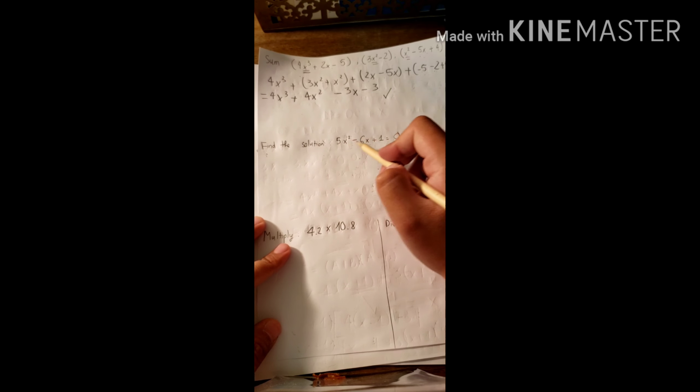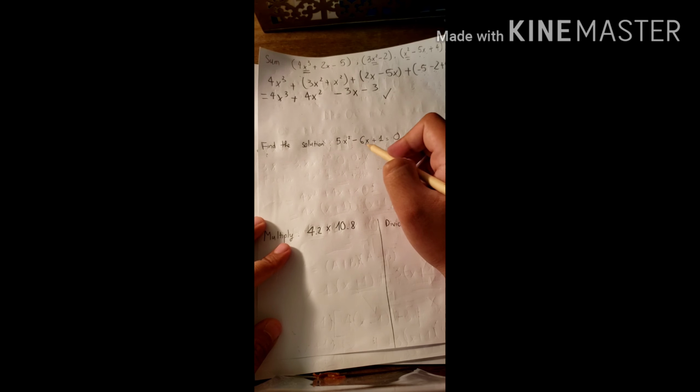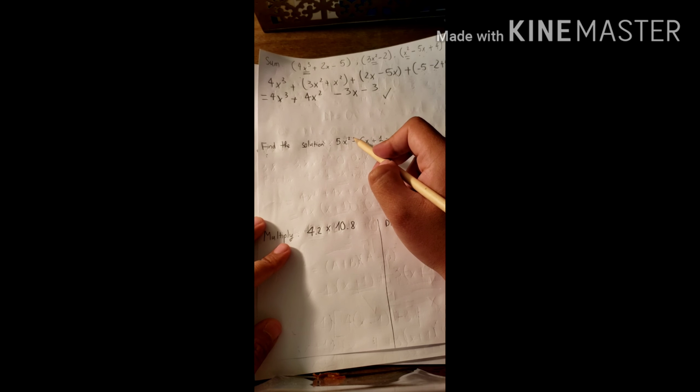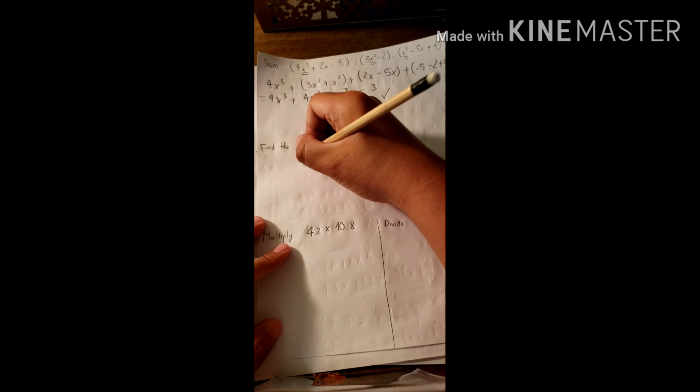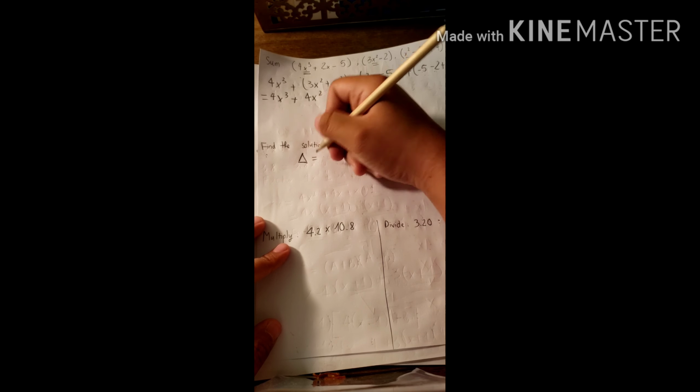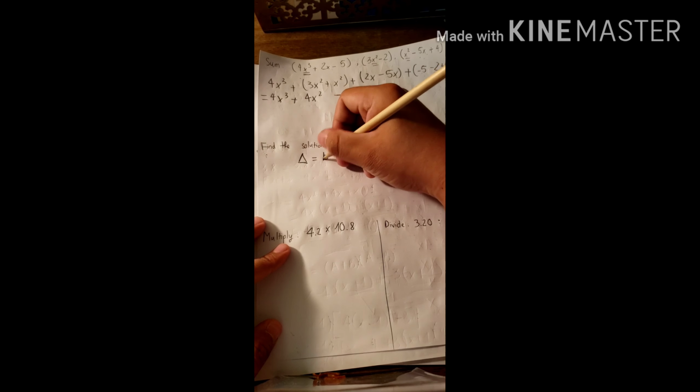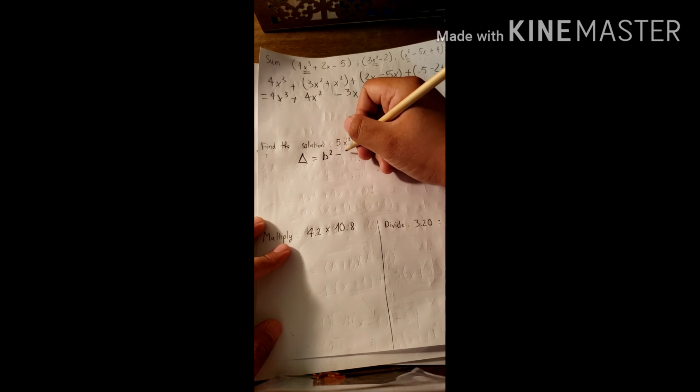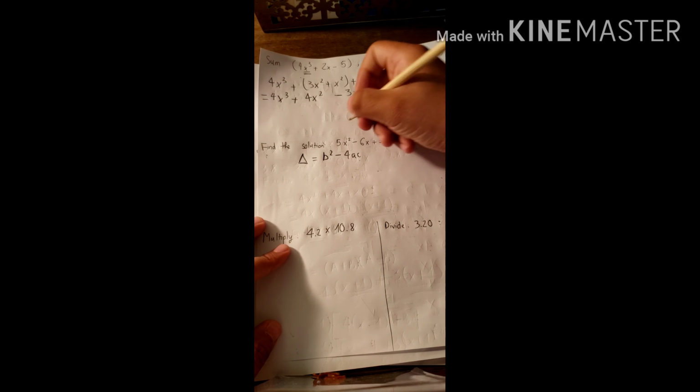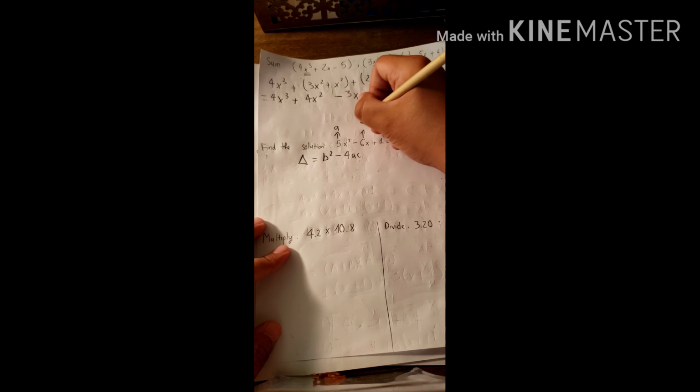Find the solution of the equation. We know that that's an s power 2. We can use first delta is b power 2 minus 4ac. We know that this is a, that is b, and that is c.